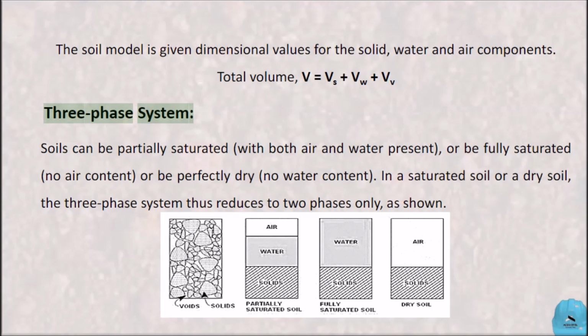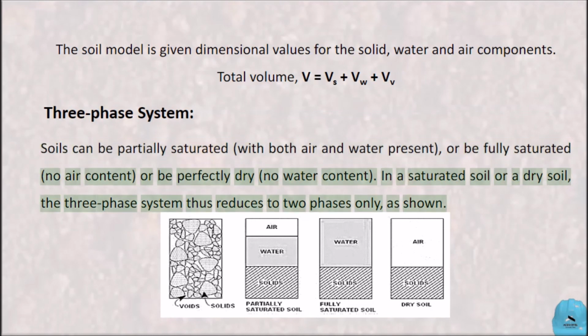Three-phase system. Soils can be partially saturated, with both air and water present, or be fully saturated, no air content, or be perfectly dry, no water content. In a saturated soil or a dry soil, the three-phase system thus reduces to two phases only, as shown.